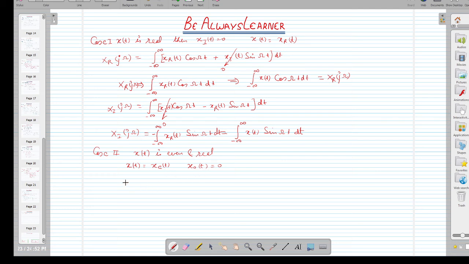So we have to compute x r j omega, the real part computation. Now if it is so and our odd part is 0, then we can directly write, because it is real, it is real. If it is real, then we can directly pick this solution we were having. So I can also underline it because I am just using this equation.